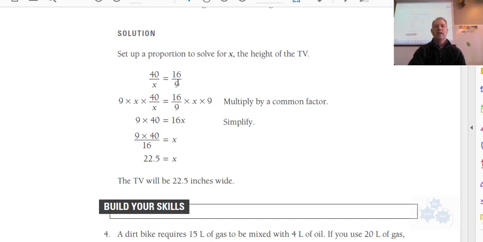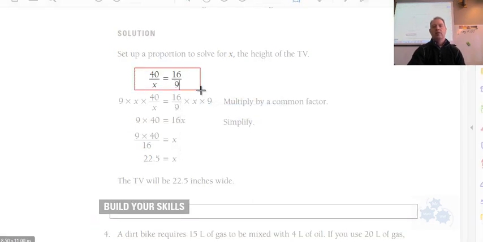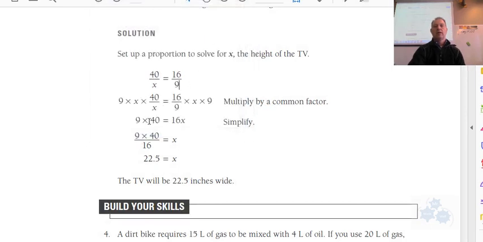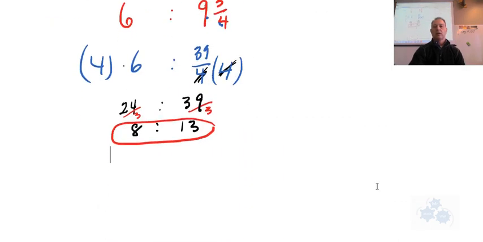So 16 over 9, or 16 divided by 9, or 16 to 9, equals 40 to what? And you can set up an unknown value here in this math proportion. So that's what they did. They set up this proportion, and they solved for x. Now, this is maybe a little confusing, so I'm going to show you another way that you can do that.